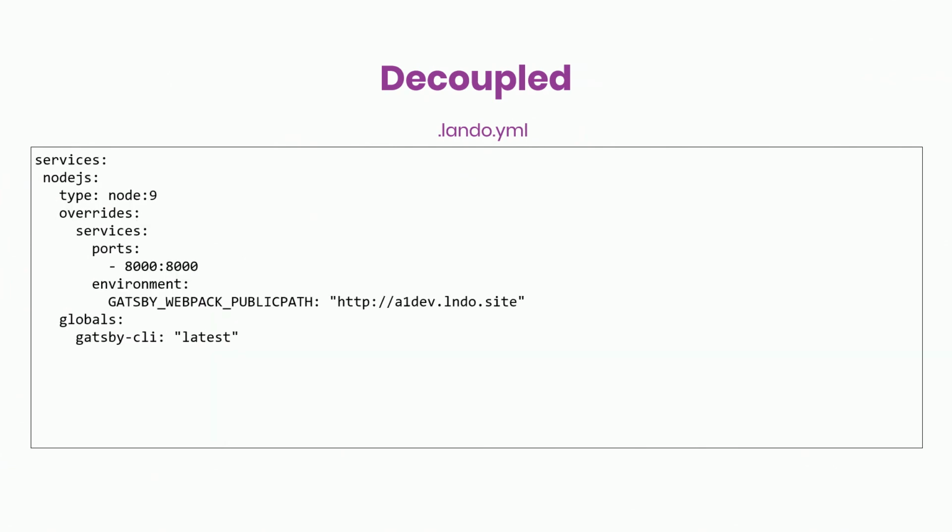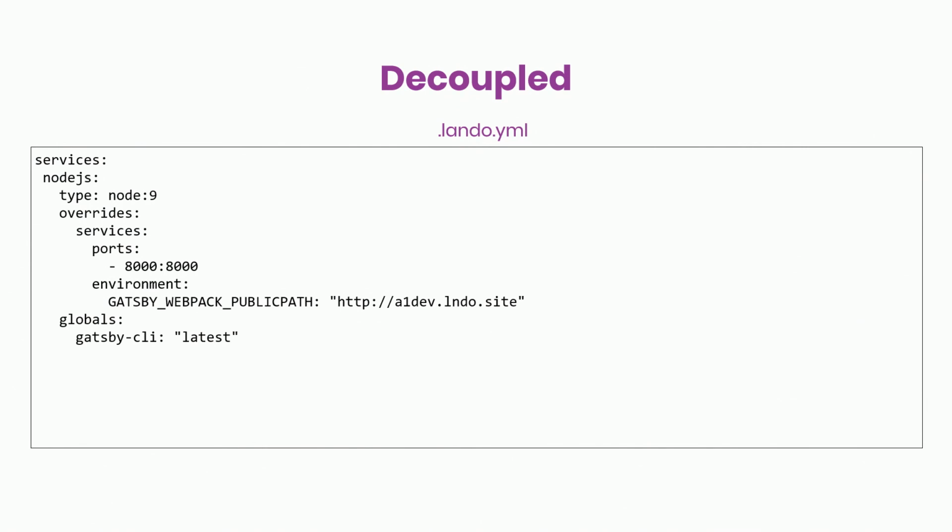And then, okay, I define my services. I say, okay, the Node.js container is type Node, version 9. Overrides, so you get common sense defaults for things out of the box. So if you want to build a Node 9 container, it just does it for you with how you'd probably want it set up. But in my case, I wanted to override a couple of things.